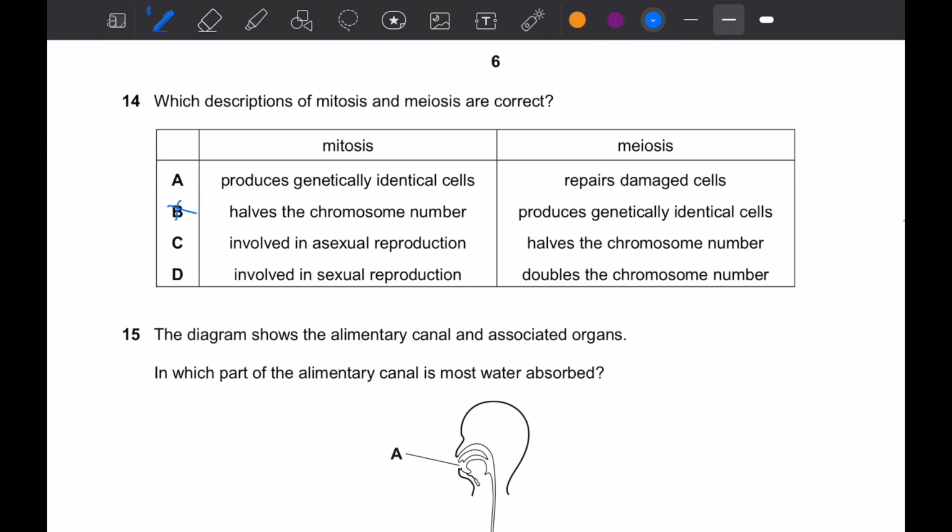And the chromosome number is halved, so the answer is not D. Repairs damaged cells, that is not correct. This one suits mitosis. So the answer will be C. Mitosis is involved in asexual reproduction, while meiosis is involved in sexual reproduction. And during mitosis, the chromosome number is maintained.